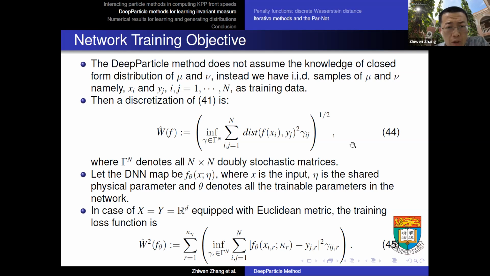All right, so we want to train a deep neural network f theta of x and eta. Here x is the physical input, which in my example is the particle position. Eta is a physical parameter that is also an input.